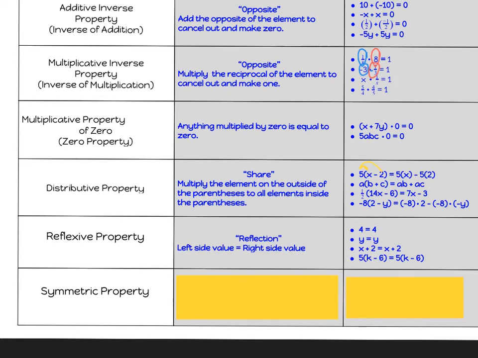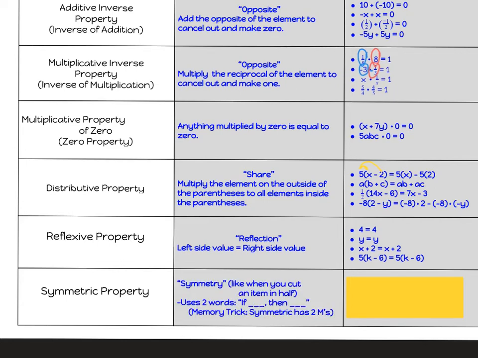The symmetric property, think of symmetry. So I'm going to draw something off to the side. So here is a heart, and if it was symmetric, then if I was to cut it in half and fold it, everything on the left side of the heart would match the right side of the heart.